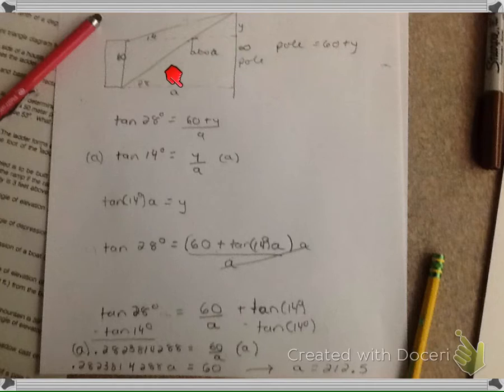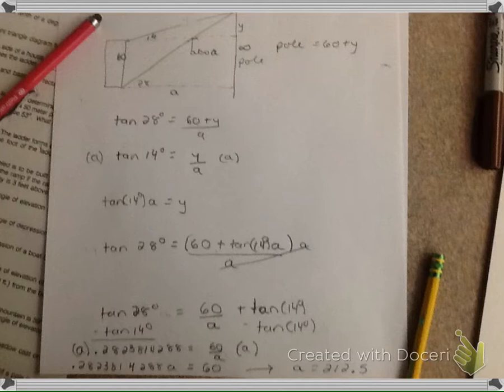This is the adjacent side, which means I can use the tan. So I'm setting this equation up as the tan of 28 degrees is equal to the opposite, 60 plus y, because that's the length of the entire pole, over A, the length that I'm trying to get.